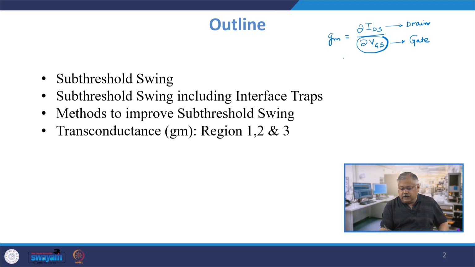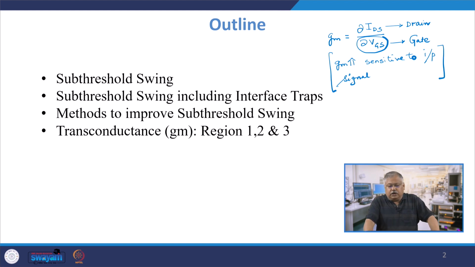Now, obviously, the higher the value of GM, the more sensitive the device is to the input signal, right. Why? Because if GM is large, even a small change in the gate to source voltage will give rise to a large change in the value of IDS. Why is it important?